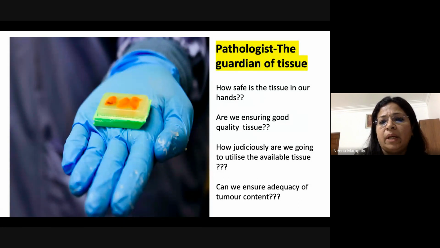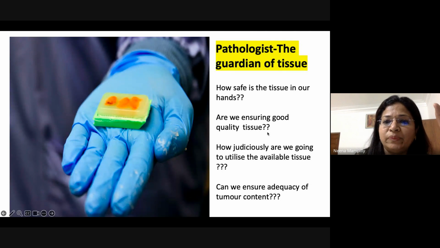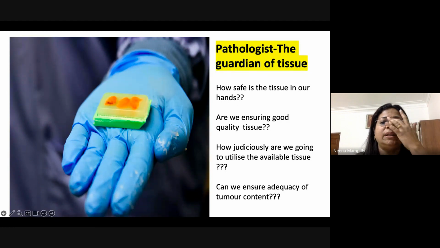Are we ensuring good quality tissue that can give all the tests in a proper way? How judiciously are we going to utilize the available tissue? Because as I already mentioned, we are having to do more with less. Can we ensure adequacy of tumor content? These are the questions we need to ask ourselves. So basically, we are now the guardians of tissue.